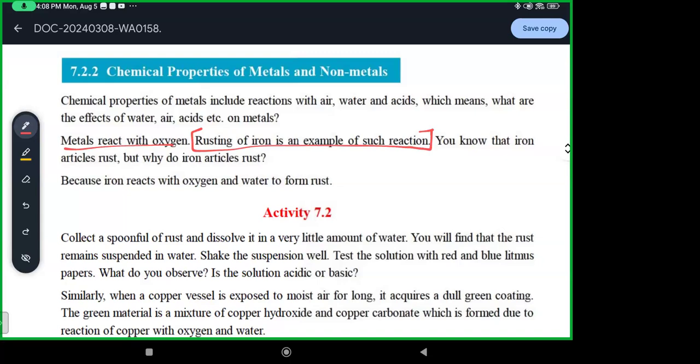Why does iron rust? Because when iron reacts with oxygen and water, the rust is formed on its surface. That's how it reacts with air: the oxygen in the air and water form rust on its surface.